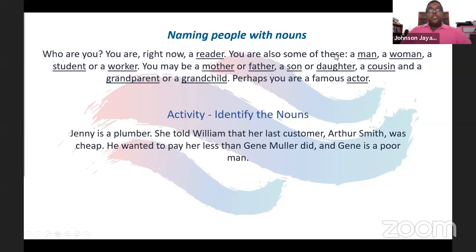All you need to do is look at this example here, and then likewise try to identify the nouns that are here. If you are done, just put your thumbs up for me. If you're done, just put your thumbs up, please.